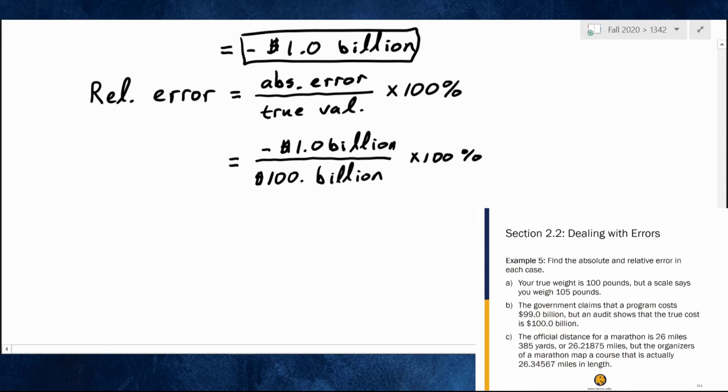So when I do the calculation here, divide the number, we get negative 0.01 times 100%. So that's just going to come out to be negative 1%.